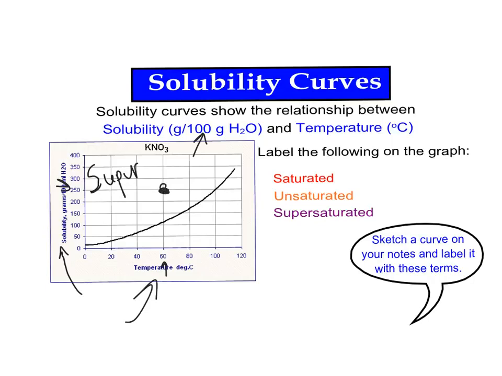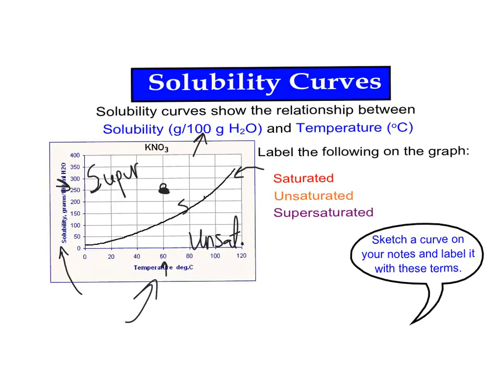Seeing how it's above the line, you could just tell me, oh, that's a supersaturated solution. So supersaturated is above the line. Anything below the line is going to be unsaturated. And anything exactly falling on that line is going to be saturated.